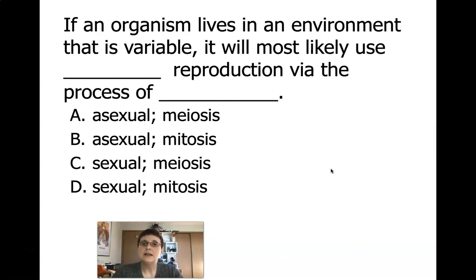And in this case, if the environment is changing, the better option is to use sexual reproduction via meiosis. If the environment is not changing, then it would use asexual reproduction via mitosis or binary fission, depending on the organism, right? Mitosis if it's eukaryotic, binary fission if it's a prokaryotic organism, all right?